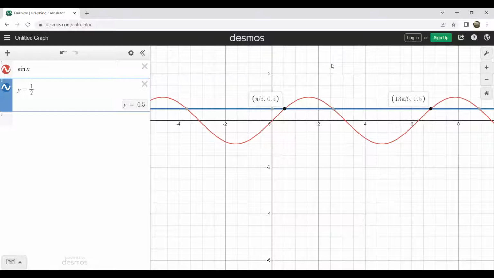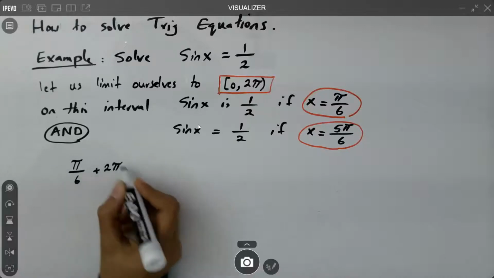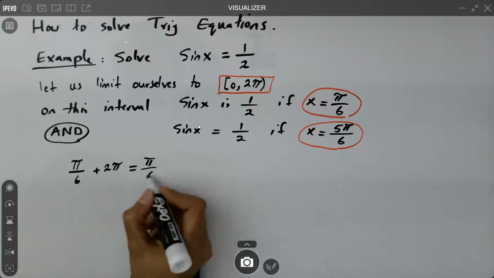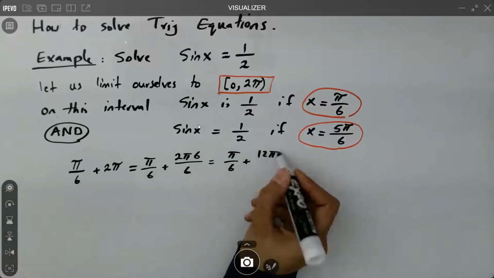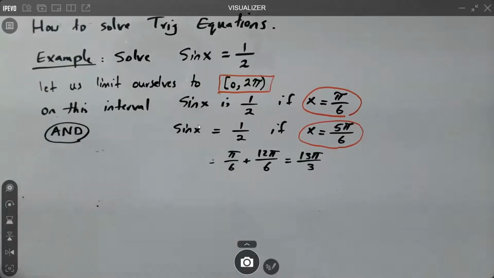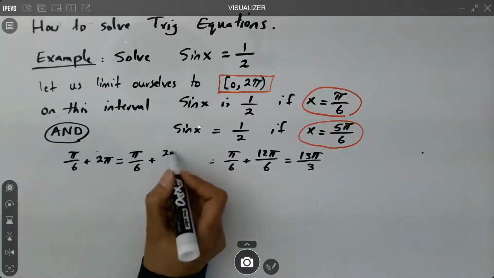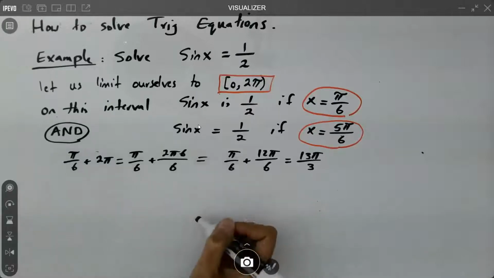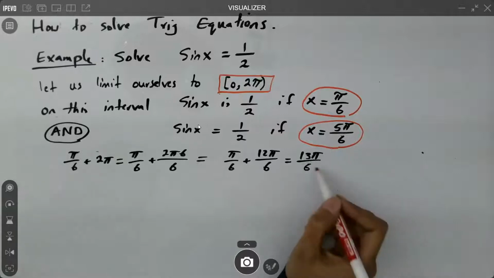So let's go back to the board. So far, we saw that if I add 2 pi to pi over 6, taking the common denominator, pi over 6 plus 2 pi times 6 divided by 6, which is pi over 6 plus 12 pi over 6, or 13 pi over 6, that is another point of intersection between sine and a half. Okay, we just learned this. So this is the next point that we saw.